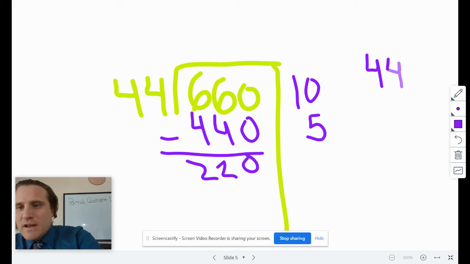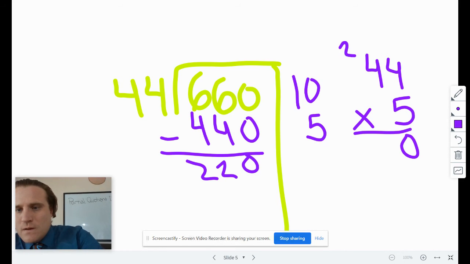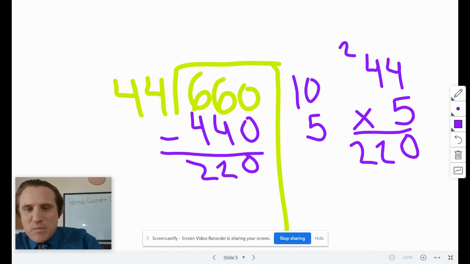I figured out what half of 440 was, and I did half of 10. So that's 20. Oh, beautiful. Look at that. That's going to fit perfectly. I'll put the 220 here.